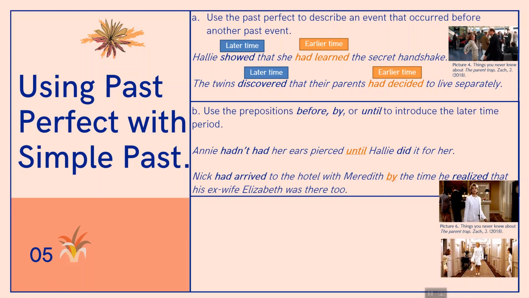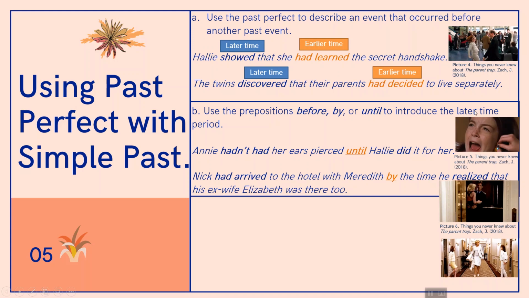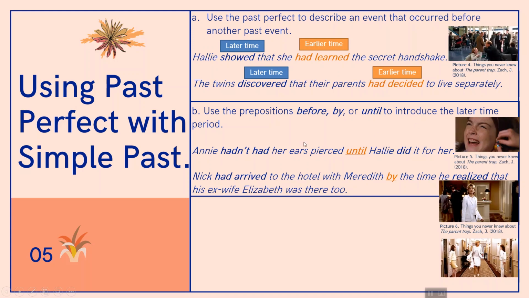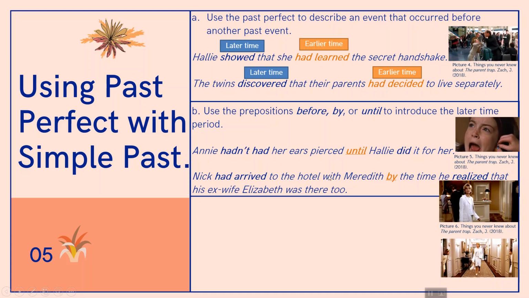For example, Annie hadn't had her ears pierced until Hallie did it for her. Let's remember this scene of the movie. She hadn't had her ears pierced until. So we are introducing the later event with simple past. Hallie did it for her.